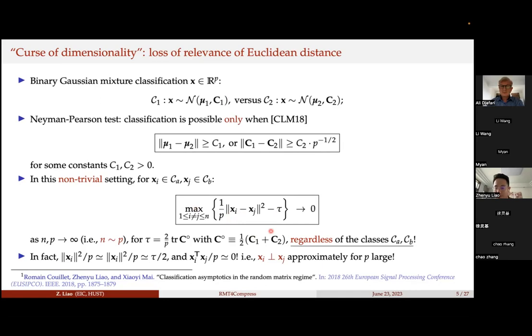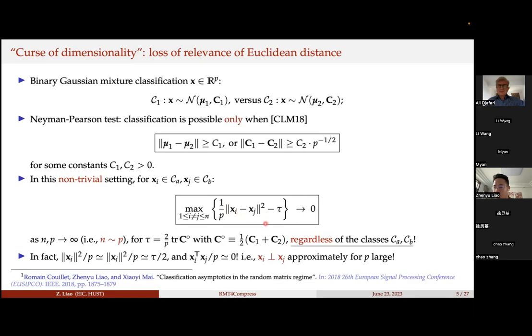If we compute this quantity, it's a vector norm squared. We can break this into three pieces: the norm of xi plus the norm of xj minus 2 times the inner product. The norm of xi is essentially the law of large numbers, so it converges to its expectation, the expectation of xi transpose xi.